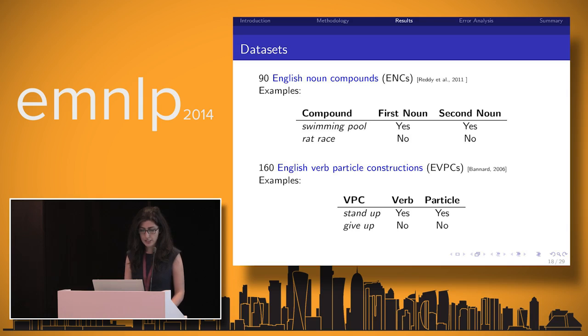To evaluate our work, we use two data sets. The first one has 90 English noun compounds, such as swimming pool and rat race. The second one has 160 English verb particle constructions, such as stand up and give up.